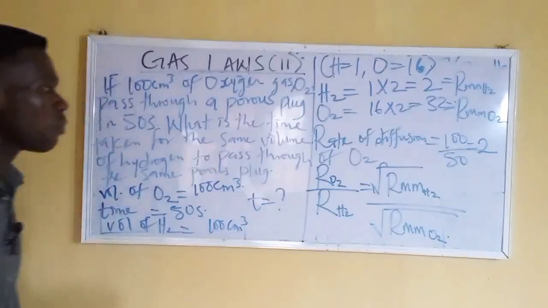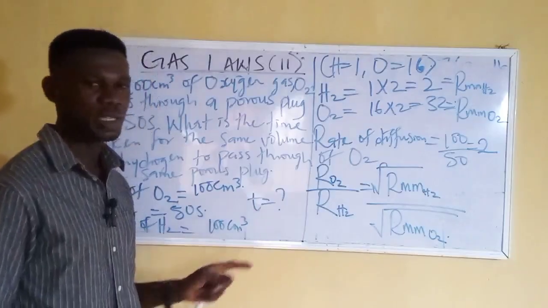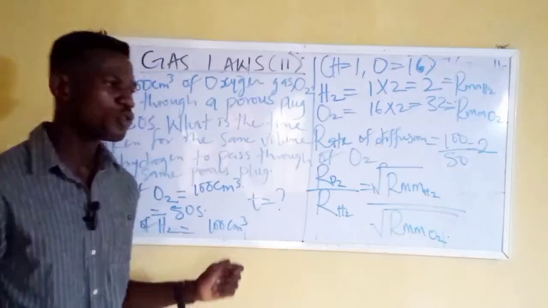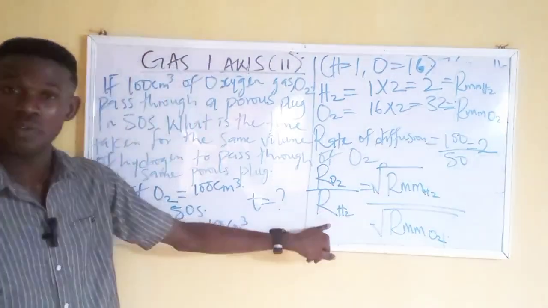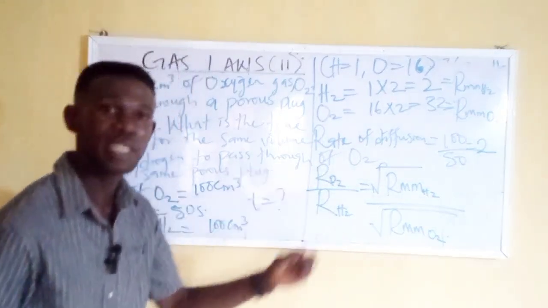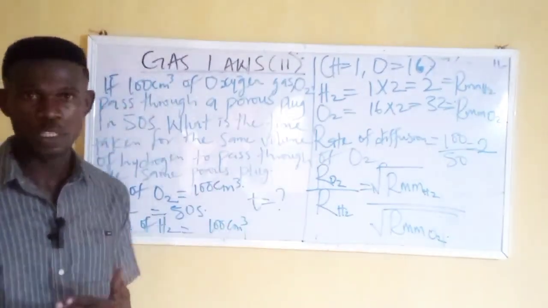This is the formula we need to use to actually obtain our time taken. Now, the question is, how are we going to find it? The first thing you're going to do is use this formula to get the rate of diffusion of hydrogen gas. Then when you have the rate of diffusion of hydrogen gas, you use it to find the time taken. Now, stay with me.